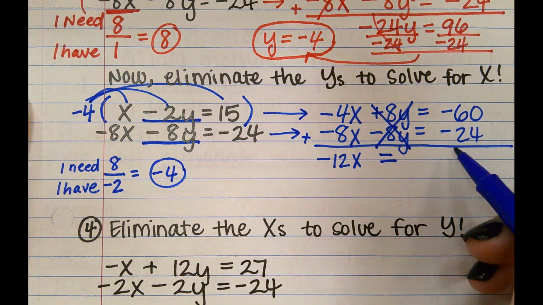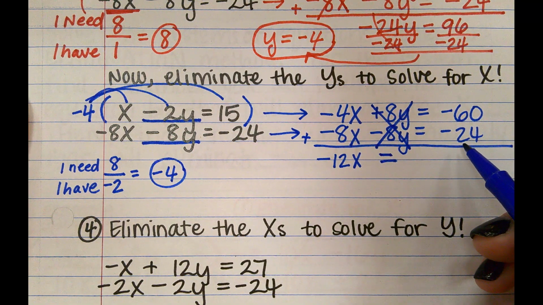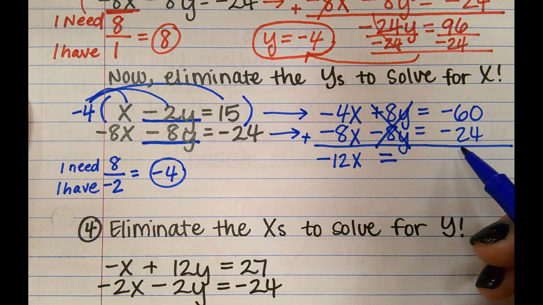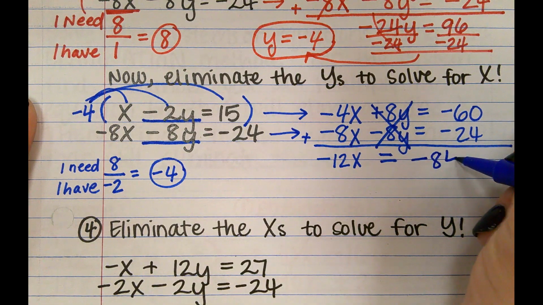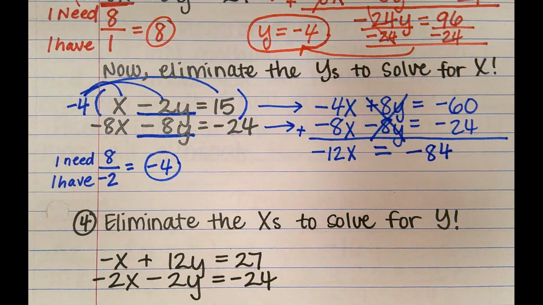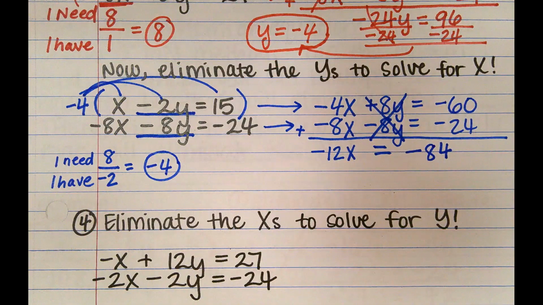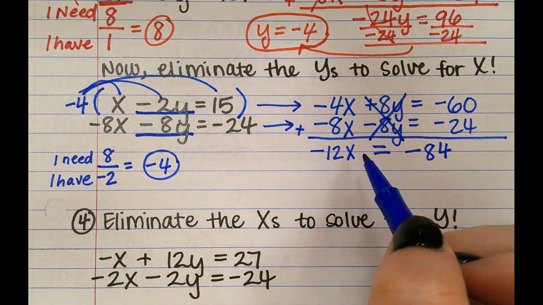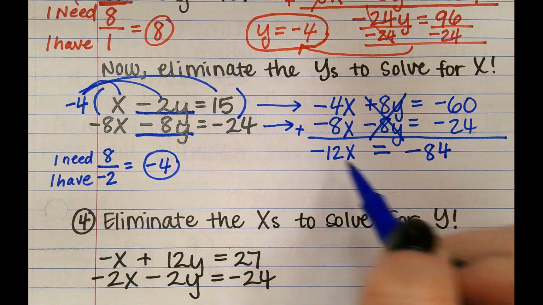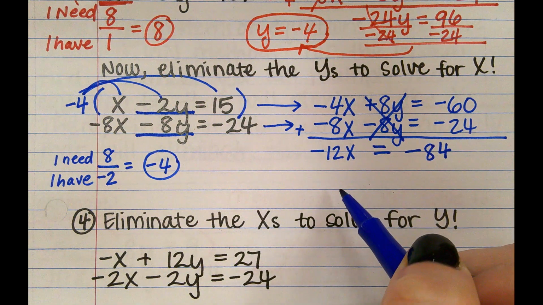Equals -60 plus -24, which is -84. Good. Just one last step and we'll have our x. What should we do here? Divide by -12.